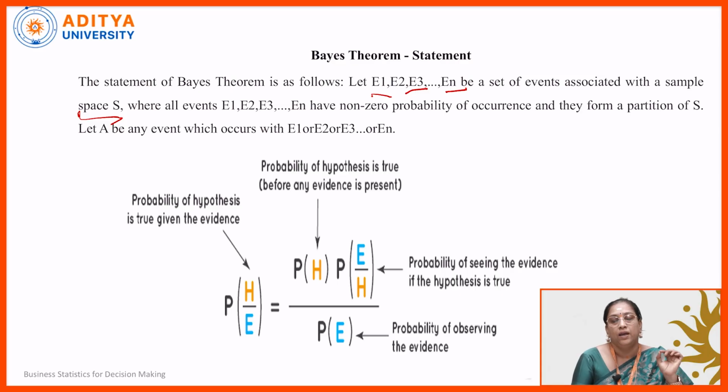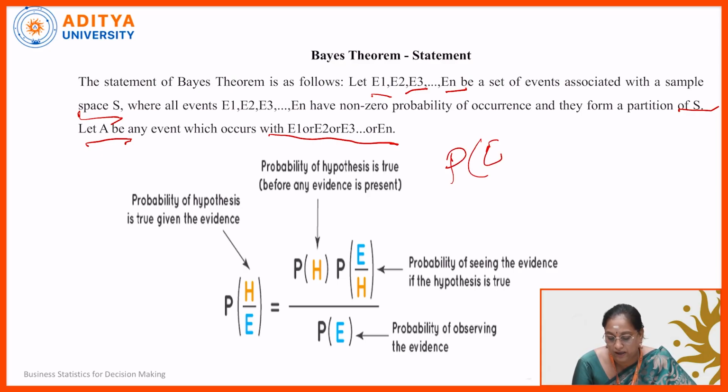That is, every event will certainly happen, so their probability is not 0, and they form a partition of the sample space S. Let us consider an event A which occurs in connection with these events E1, E2 and En. In such a case, how can we calculate probability using Bayes' theorem?